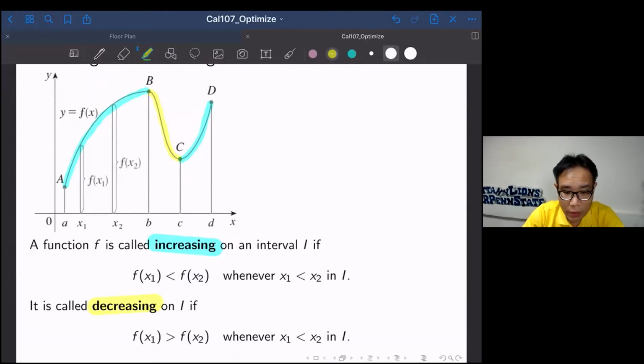How would we determine increasing and decreasing? How could we determine whether we have an increasing or decreasing function without using the graph? The thing that you can see here is, if you draw a tangent line to the curve, let me draw a tangent line to this curve.